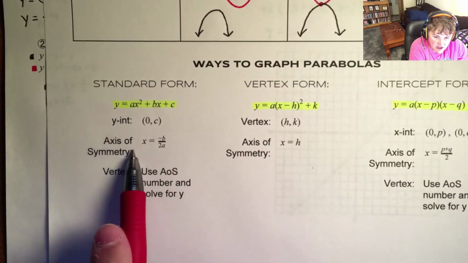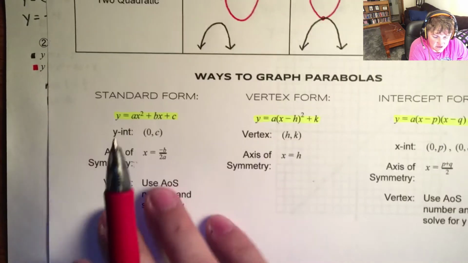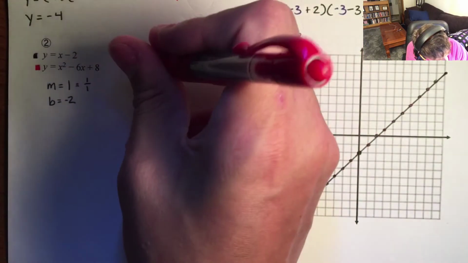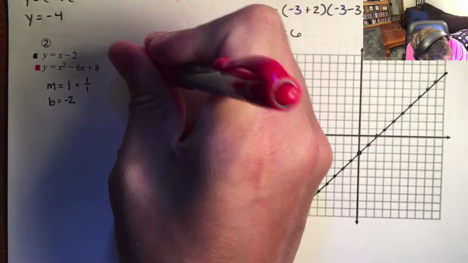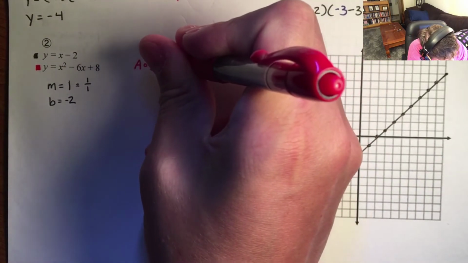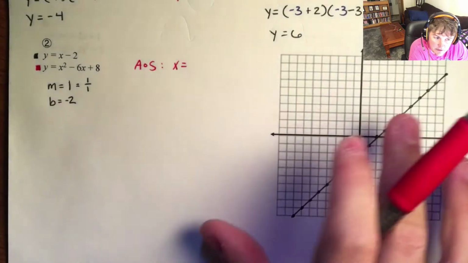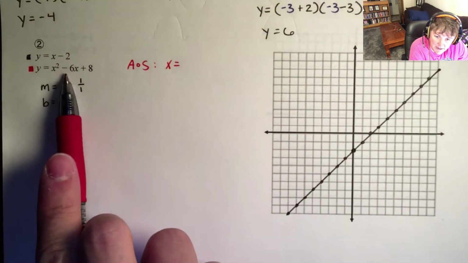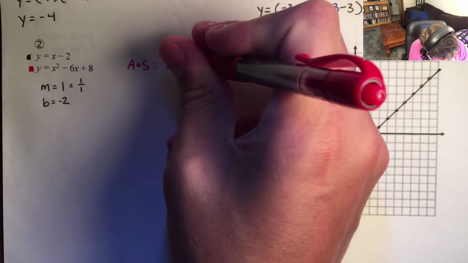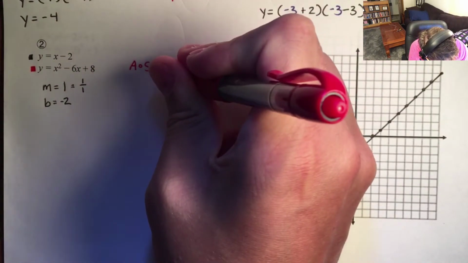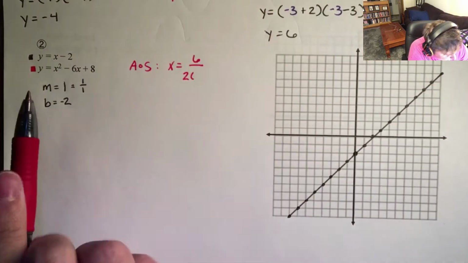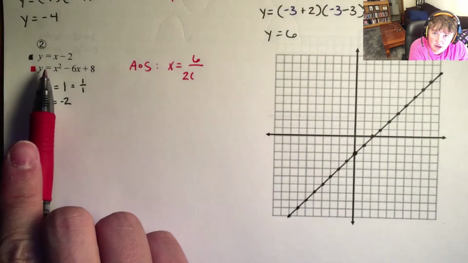So let's just go ahead and we'll start with the axis of symmetry to get the vertex. Here I want to start with the axis of symmetry, AOS, which is x is equal to the opposite of b over 2 times a. So what's the opposite of my b value? In other words, what's the opposite of -6? What's +6? Over 2 times a. Well, what value is my a value if there's no number written there?